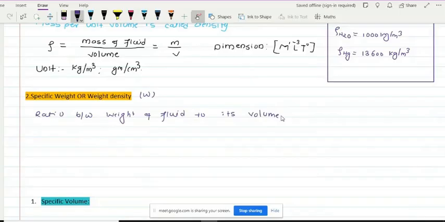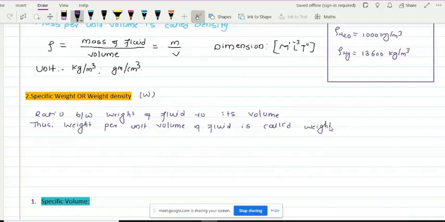Thus, weight per unit volume of fluid is called weight density.